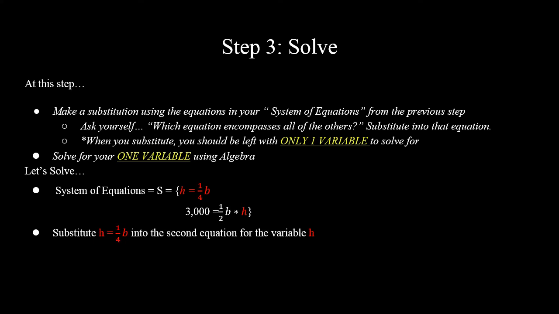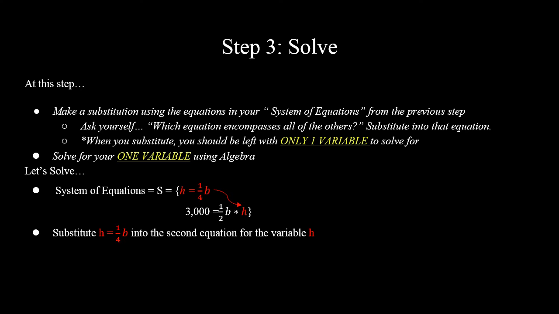So I'm going to substitute the first equation, h equals 1/4 b, into the second equation for the variable h. I know what h is. I translated it to the height is equal to 1/4 times the base. So I can take that and substitute it in anywhere I see an h. Well, I see an h in my second equation.